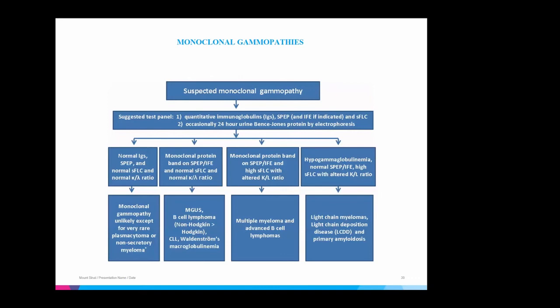So here's another chart of suspected monoclonal gammopathies. We mentioned that patients who have monoclonal protein bands on SPEP, immunofixation, and a high serum free light chain ratio are the patients who are going to be diagnosed with myeloma when you finish your workup.